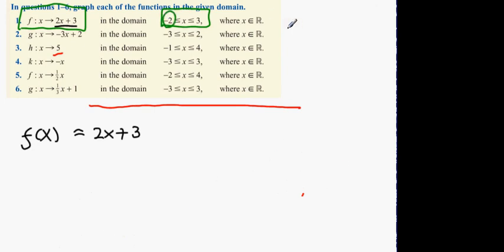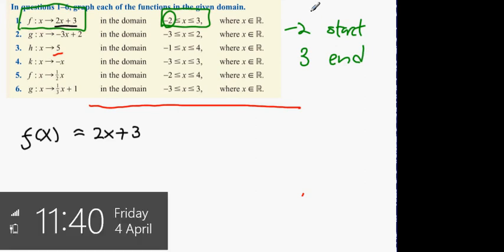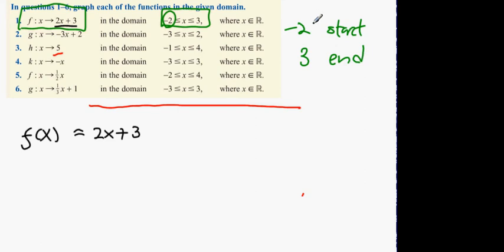To get full marks on something like this, there's a really good way of doing it. -2 is your start. 3 is your end. And what we refer to as our step is the number 1. Now look at this.